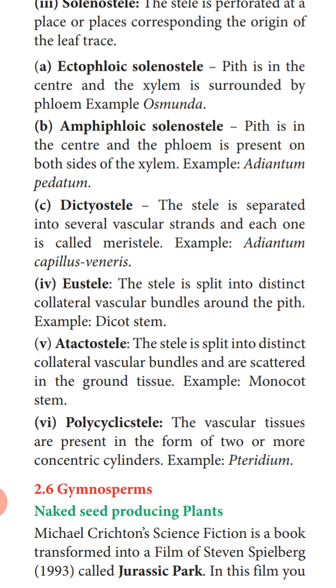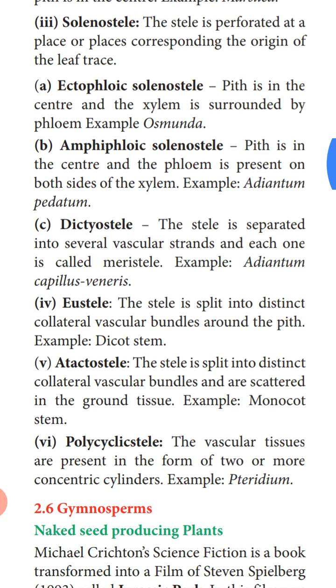The rings of xylem and phloem, many rings, are arranged around it. Then it is called polycyclic steel.